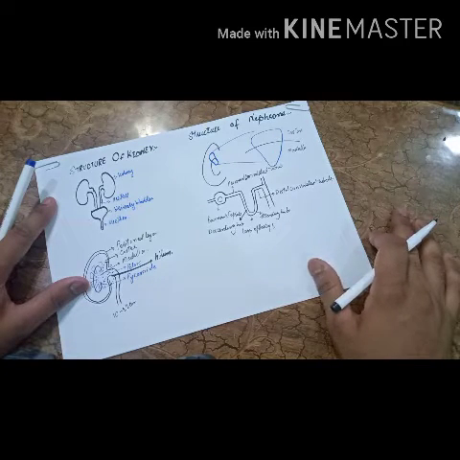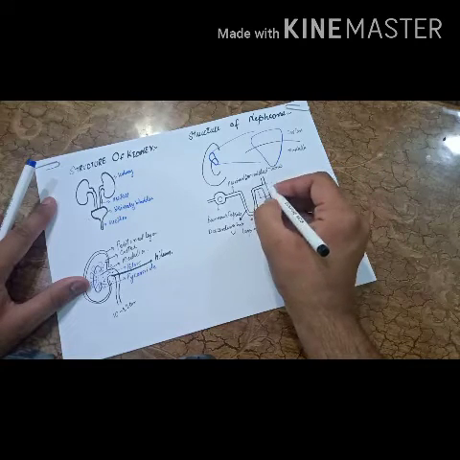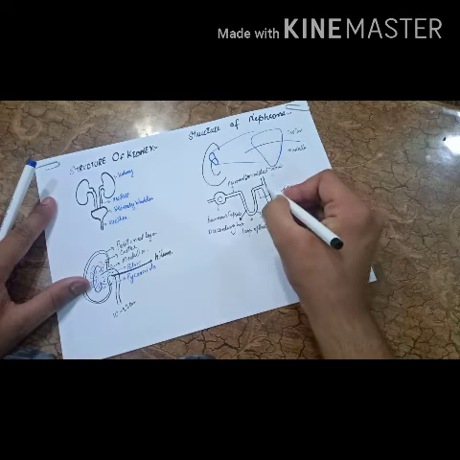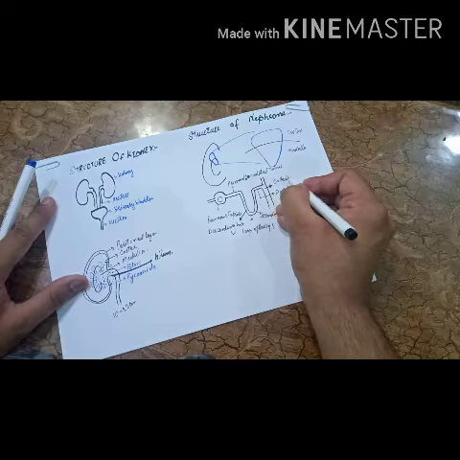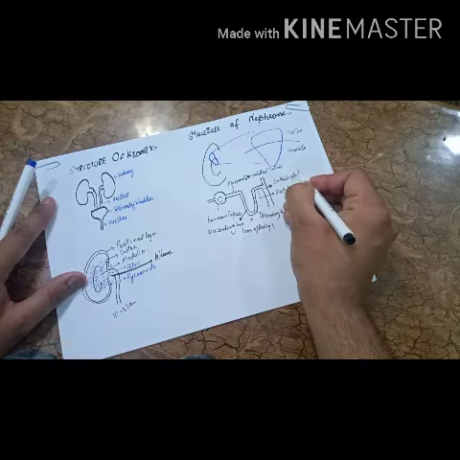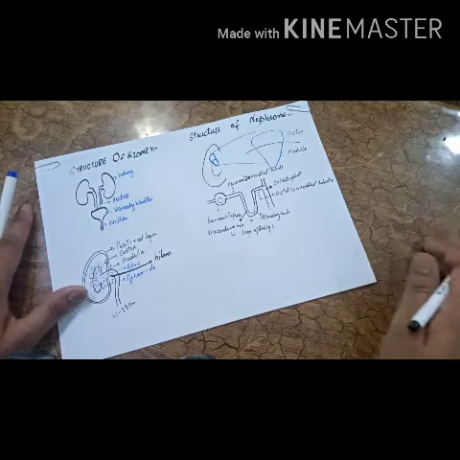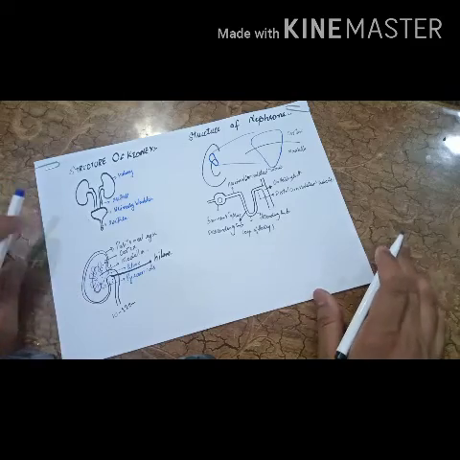Getting my point? ये कहलाता है डिस्टल कन्वोल्यूटेड ट्यूब्यूल. डिस्टल कन्वोल्यूटेड ट्यूब्यूल ज्वाइन होगा एक ट्यूब लाइक स्ट्रक्चर से. ये कहलाता है कलेक्टिंग डक्ट. बहुत सारे कलेक्टिंग डक्ट कंबाइन होकर बनेंगे एक्सक्रीटरी डक्ट, जो कि ओपन होगा एपेक्स ऑफ पिरामिड पे.